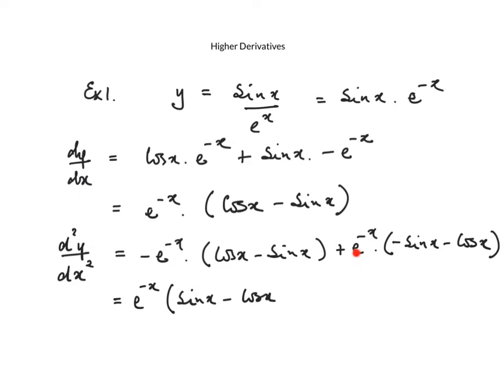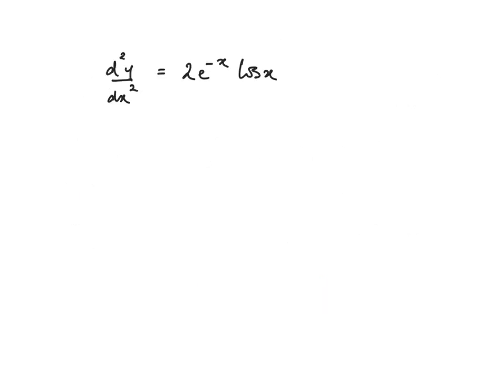Now I'm taking out e to the minus x as the common factor. These don't change. So it's minus sine x minus cos x. And we can see that the sine x's cancel. And what we have then is e to the minus x, 2, in fact I don't need a bracket, it's 2e to the minus x cos x. That's the second derivative. So we'll do one more at least.